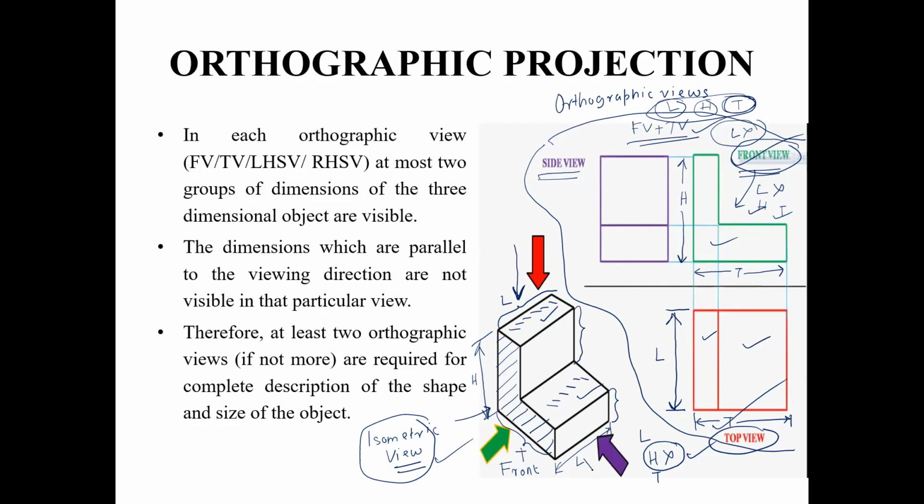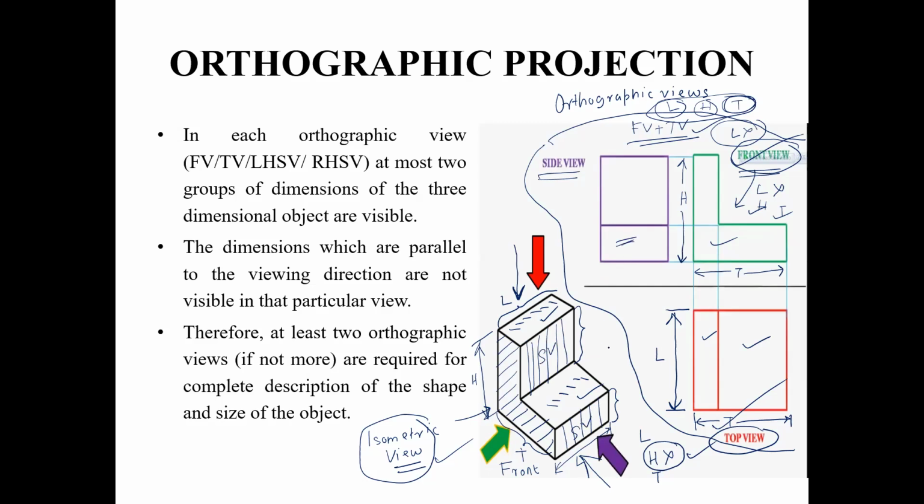If you take a look at the object from the side, that is along this direction, then you will see this surface and this surface. So these two surfaces of the object will be visible from the side, and will be part of the side view.